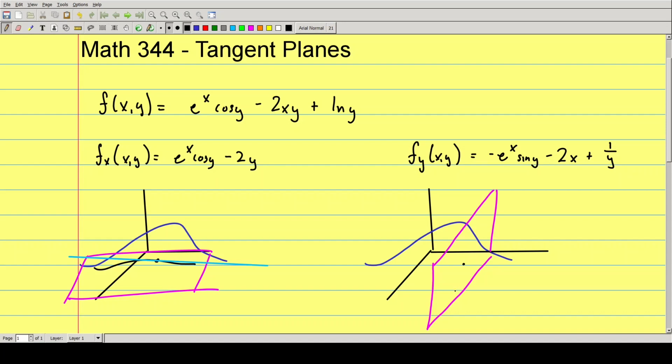But it's going to give me a different path along the surface, and I'm going to have a different tangent line.